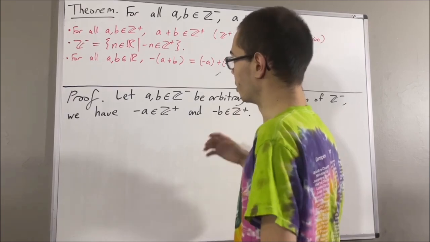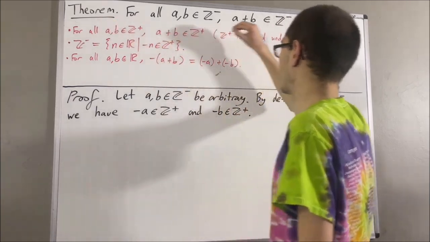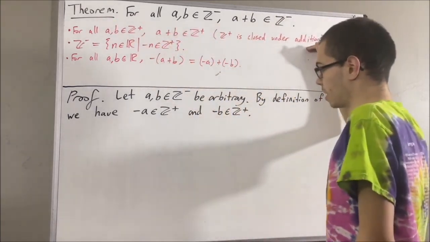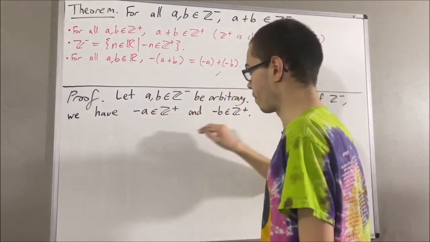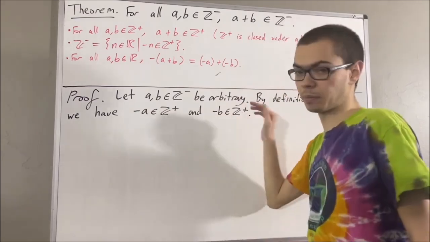But then, using the fact that the positive integers is closed under addition, since negative a is a positive integer and negative b is a positive integer, we have that negative a plus negative b is a positive integer.